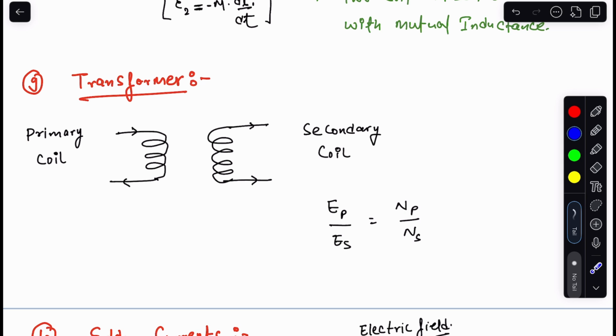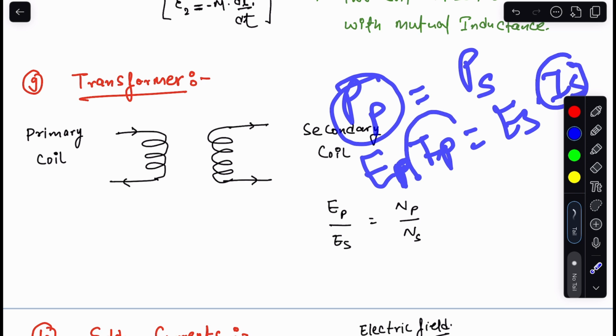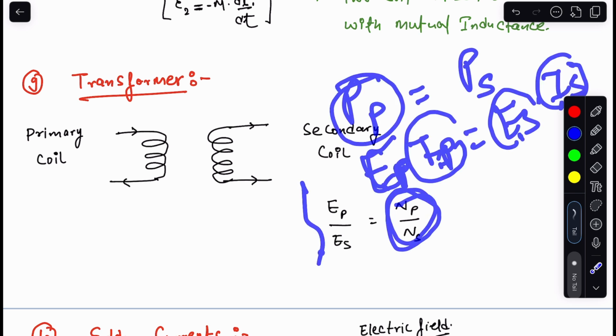If we do not consider these and take the ideal condition, the power input in the primary circuit must equal the power output in the secondary, and power can be written as the potential difference times the current. So EMF in primary times current in primary equals EMF in secondary times current in secondary. Here the relation for the current becomes just opposite: IP divided by IS will be ES divided by EP.